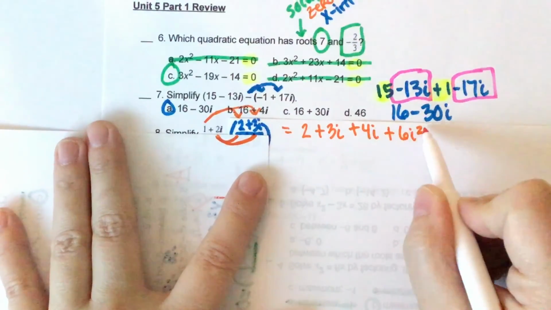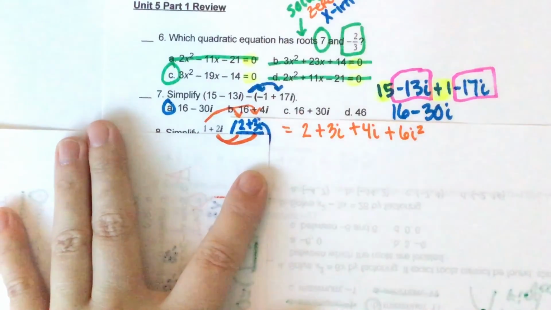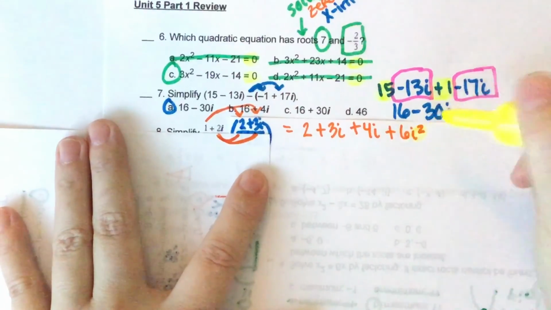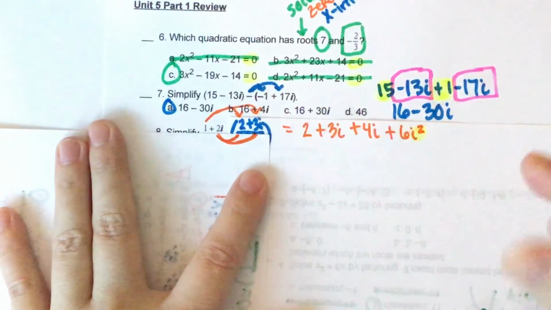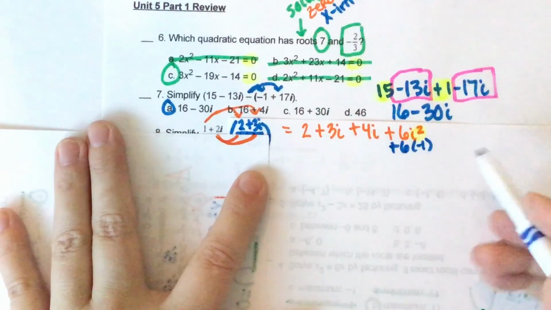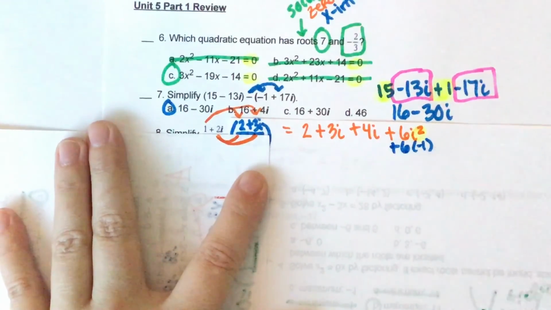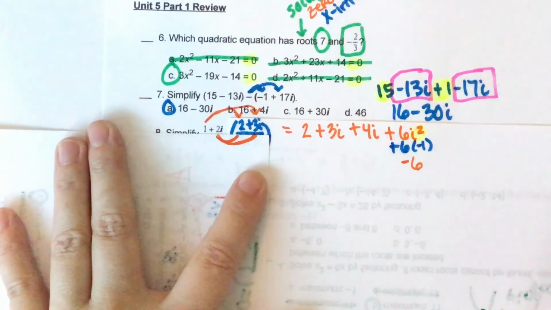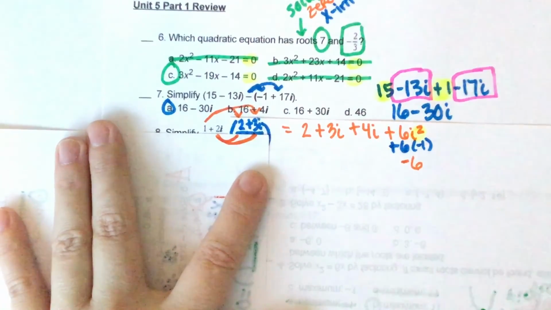So i squared, do you remember? That's something special. i squared has a value of negative 1. So every time you see an i squared, you're going to replace it with negative 1. So this is telling you to take positive 6 times negative 1. Well, positive 6 times negative 1 is negative 6. So now I'm going to combine like terms.